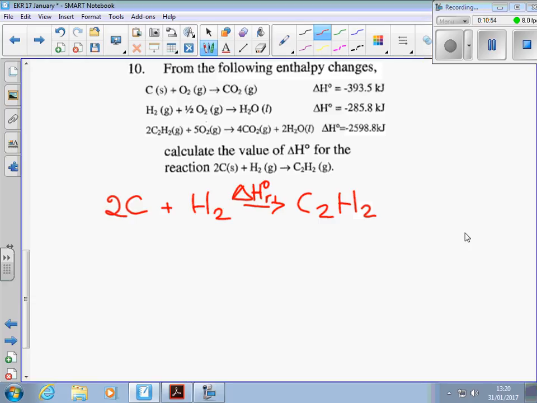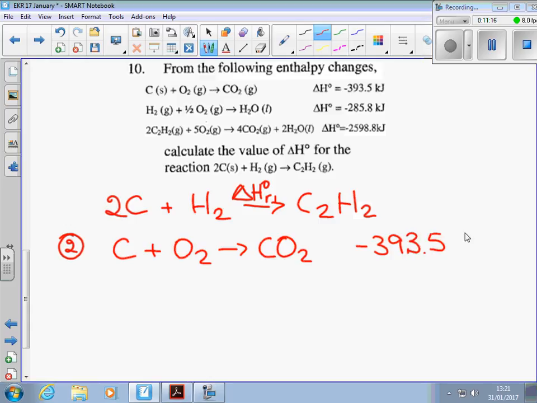We're then given 3 other options to work with. The second one is carbon and oxygen, giving us carbon dioxide. And our delta H naught there is minus 393.5. All right, I'm not putting all the units and symbols and things in.